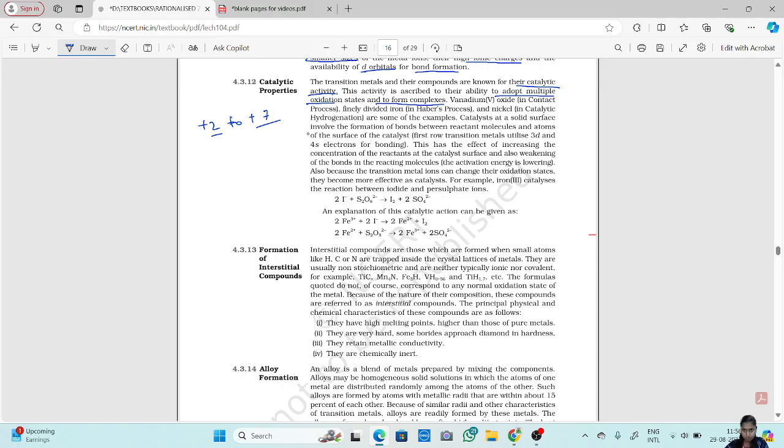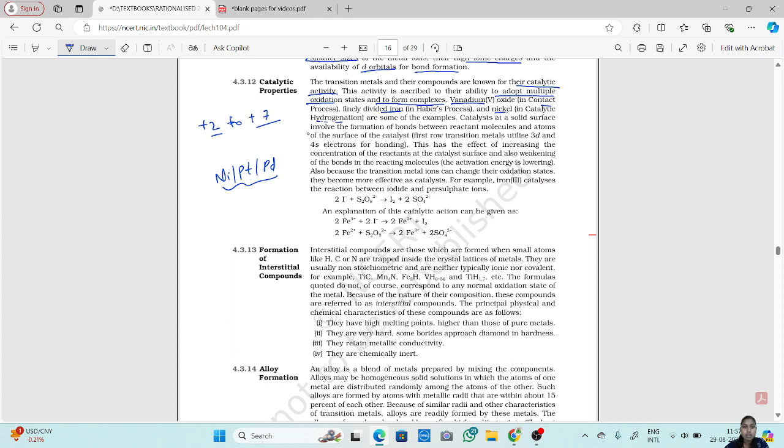These are examples of catalysts used in various reactions. Nickel is a common catalytic metal for hydrogenation, and I think you have mostly heard about nickel, platinum, or palladium. These three are transition metals and they are used as catalysts. These are some common examples.